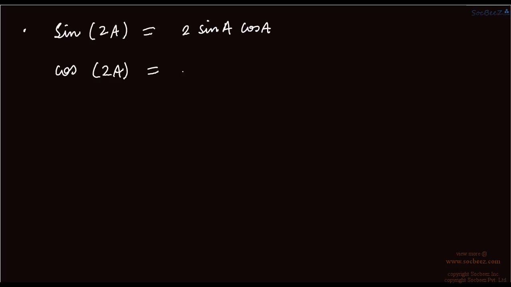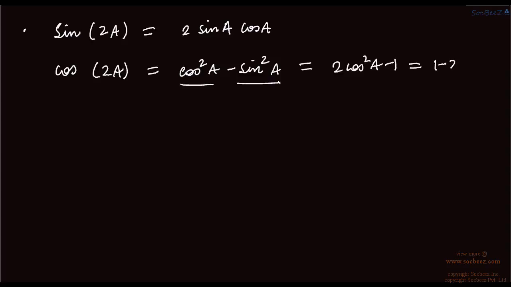First is cos²A minus sin²A, or this sin²A can be written in terms of cos², which makes it 2cos²A minus 1, or this cos²A can be written in terms of sin²A, which makes it 1 minus 2sin²A. Fine. So these are the 3 formulas for cos 2A and 1 formula for sin 2A.